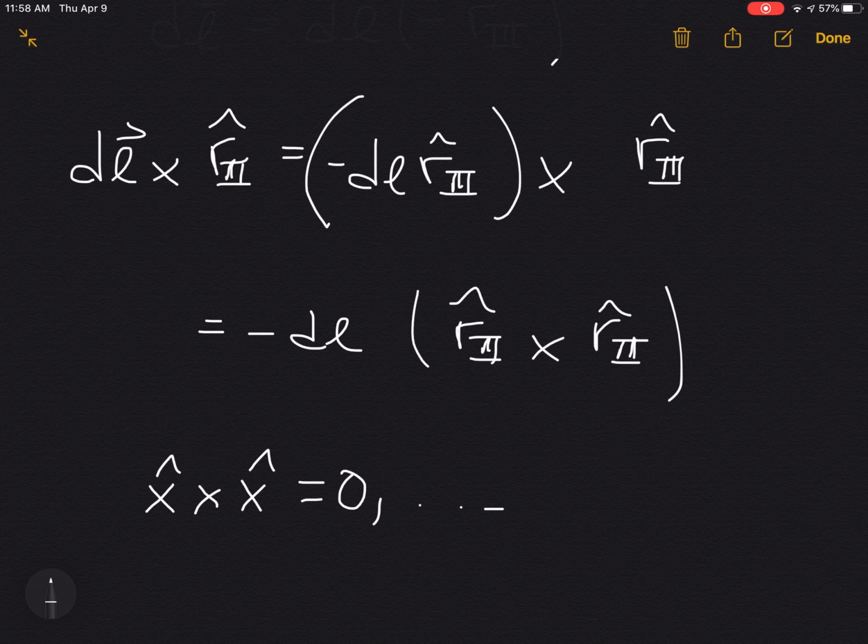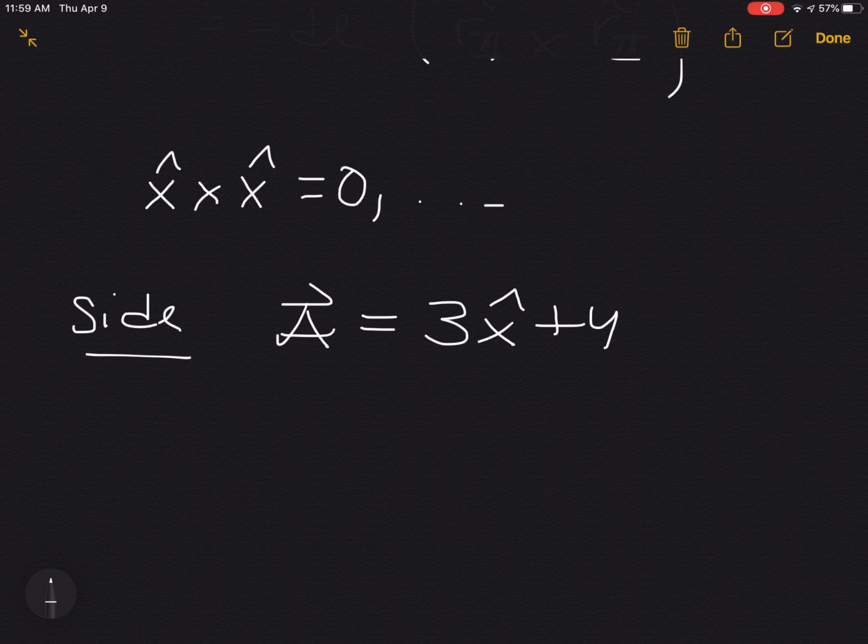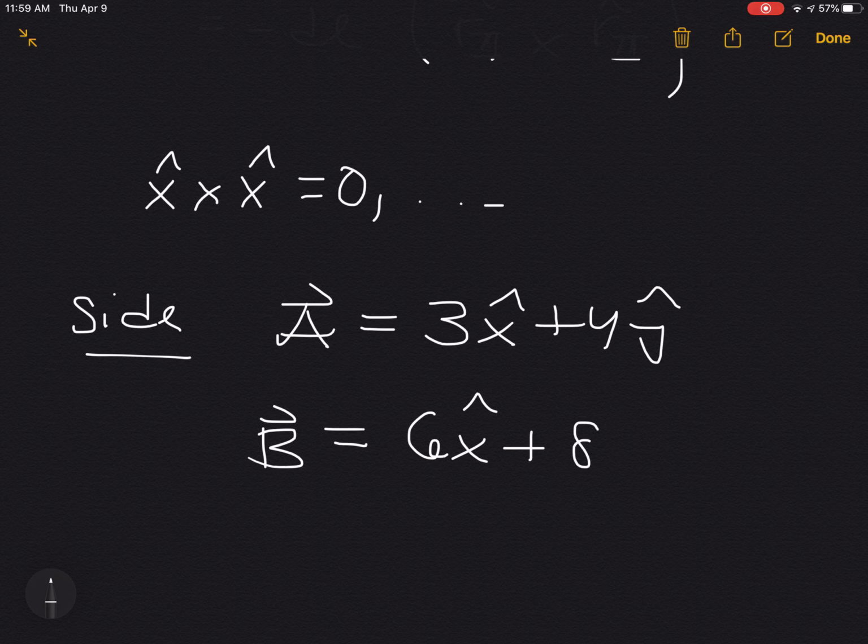You could set some weird vector, for example, this is completely random, but if you had some vector A that was 3x hat plus 4y hat, and then some vector B, which is pretty much the same except it changes by a multiple, like 6x hat plus 8y hat. Well, then this vector is just equal to 2 times the other one.